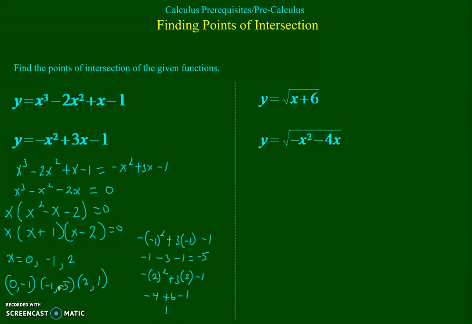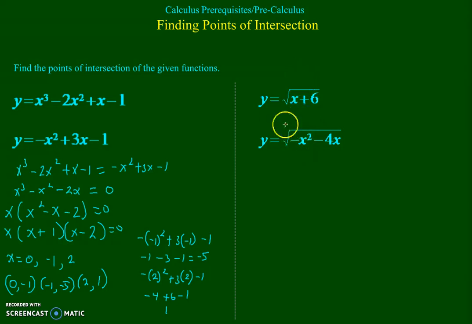Now let's look at the next problem. Here we have a simple radical expression, and down here you should be able to recognize this as a semicircle, the upper lobe of a semicircle, and it looks like the center of this is going to be at negative 2, 0. Now hopefully you can recognize that, but it doesn't really matter one way or another.